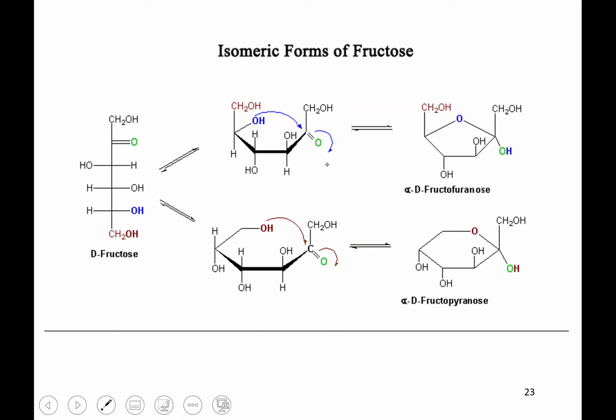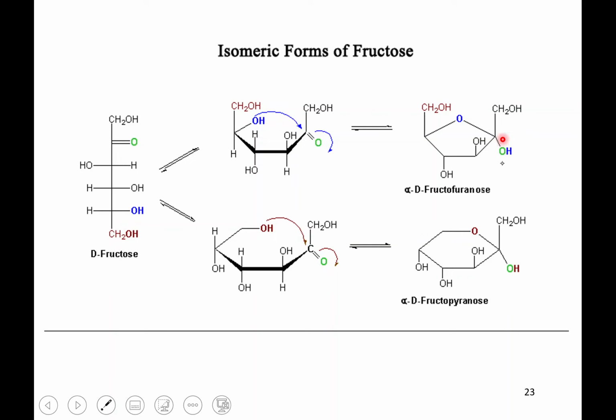When that happens, the OH group that's formed can either be below the plane or above the plane. For this 5-member ring that forms, we get what's known as the alpha anomer, because we're comparing it to the position of this CH2OH on this end of the molecule, furthest away from the carbonyl.